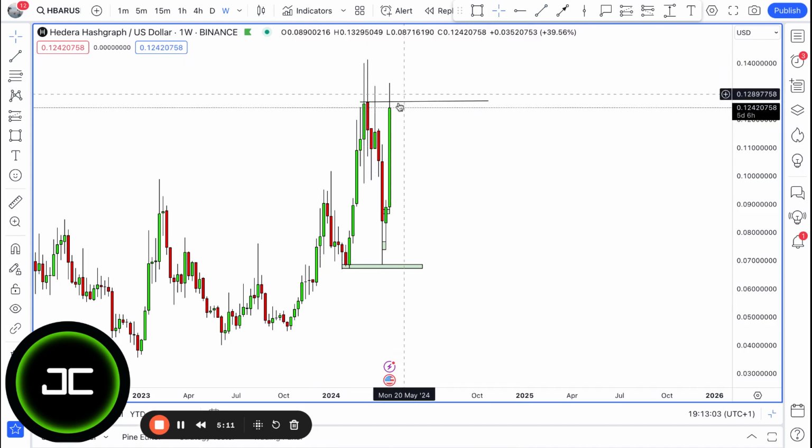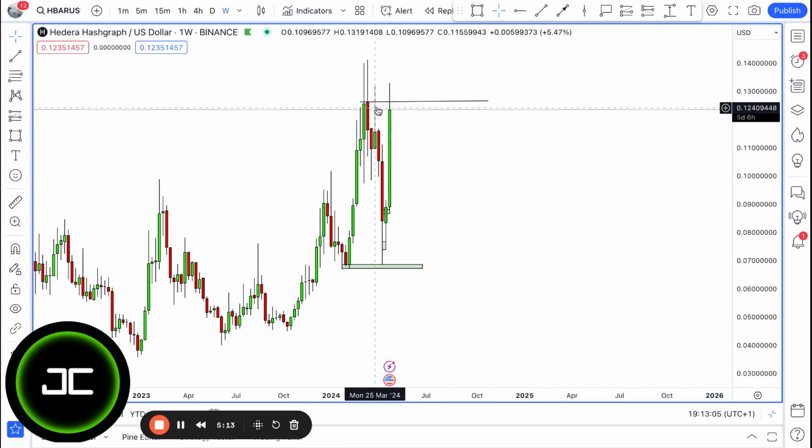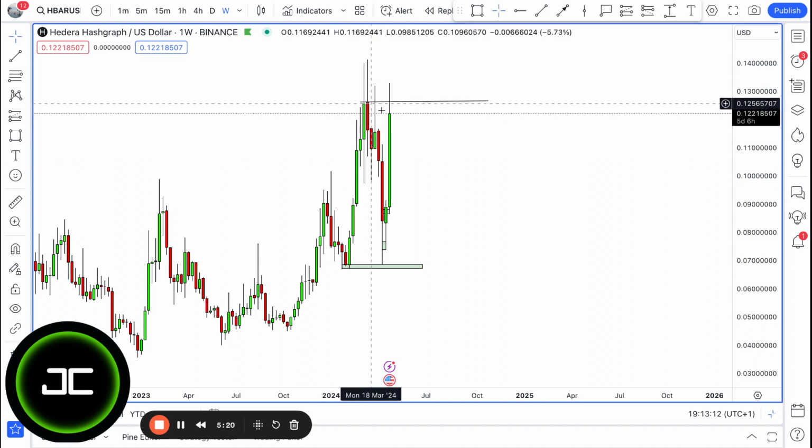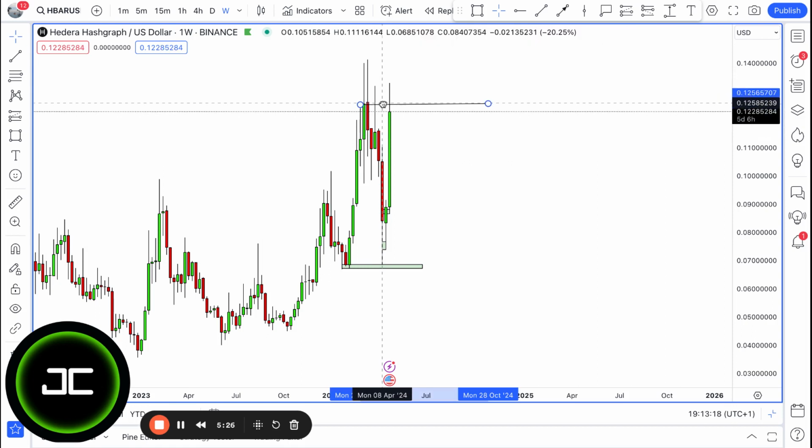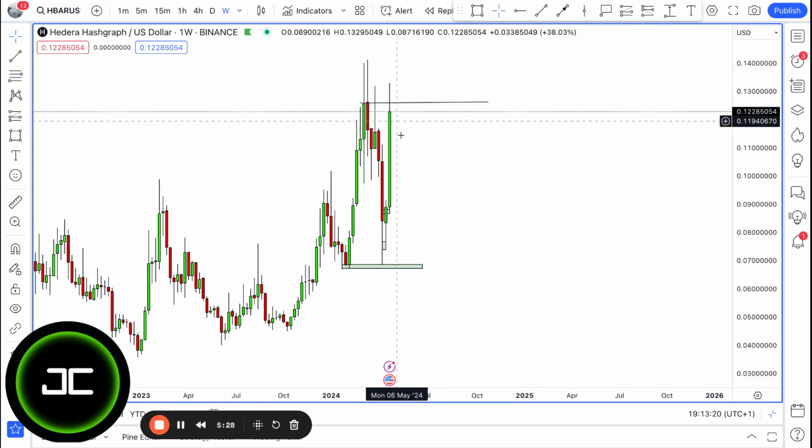Of course, we've got the wicks, but what's more important to me when I'm doing my analysis is the candle body close, which is these areas here. That's it there, and that's it there. Well, actually, that's a lie. That's the close of this candle because it's a bearish candle. So what I want to see is just a close basically above this on the weekly.